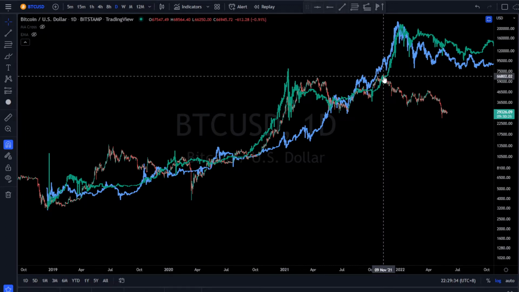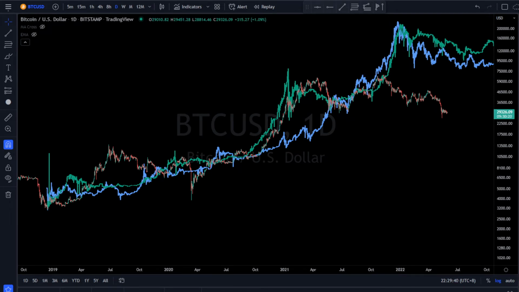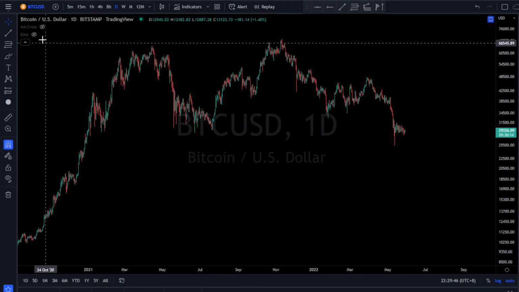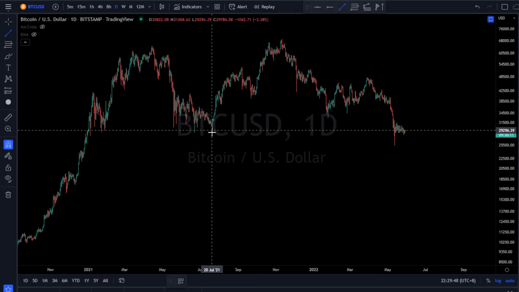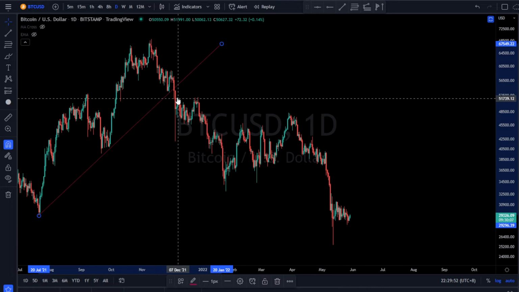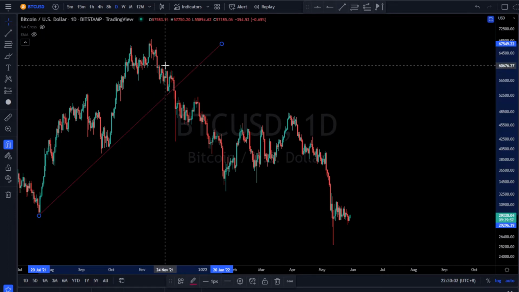So I would say that this high right here is the cycle high for the 2020 cycle, and the first sign of that was actually when we broke this final wave trend line over here. All right, so 3rd of December last year was actually the first sign that this cycle was over. I mean, the high was set in.